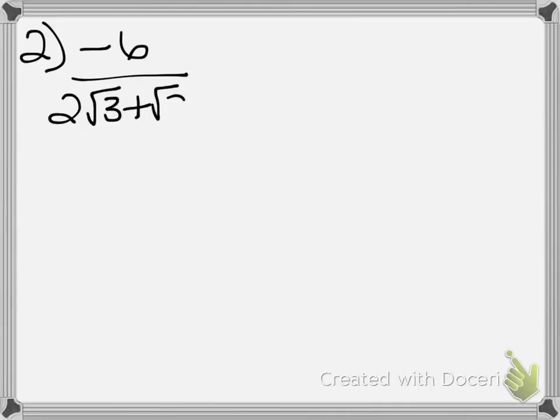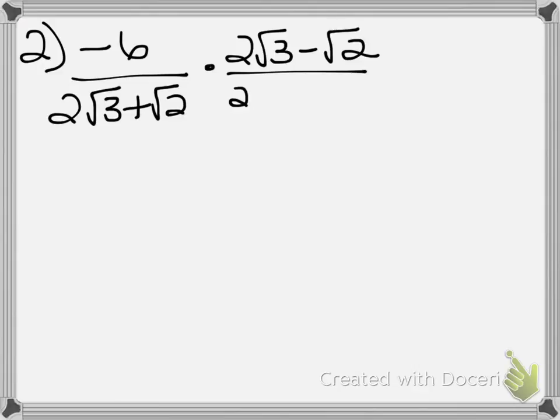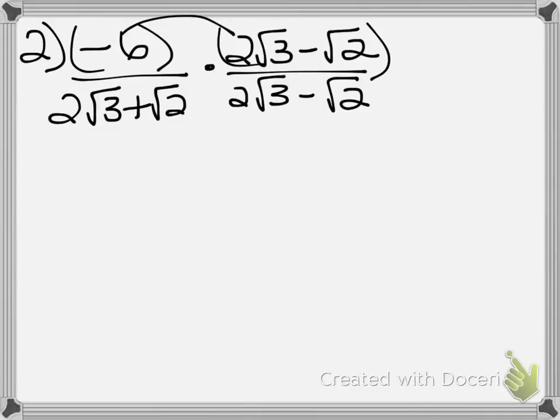So now let's move on and let's rationalize the second one. So I had negative 6 over 2 square root of 3 plus square root of 2. And so now I need to multiply by the conjugate, 2 square root of 3 minus square root of 2, and 2 square root of 3 minus square root of 2. And then I'm going to distribute. So negative 6 times 2 is negative 12, and then that's going to be square root of 3.